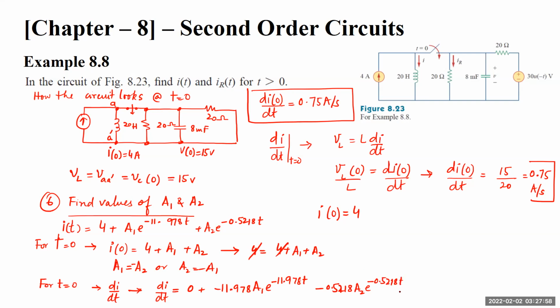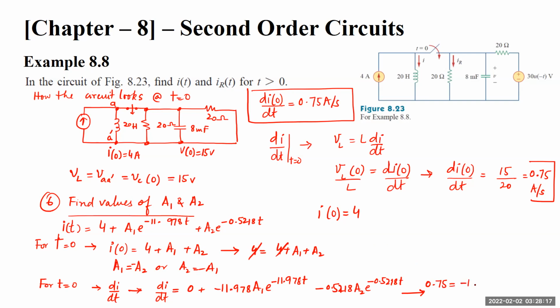And again putting time t equals 0, we get another equation, giving us 0.75 as the value of di/dt.